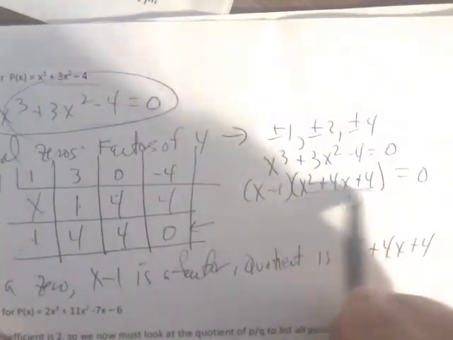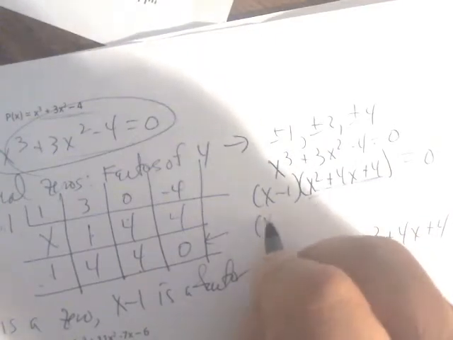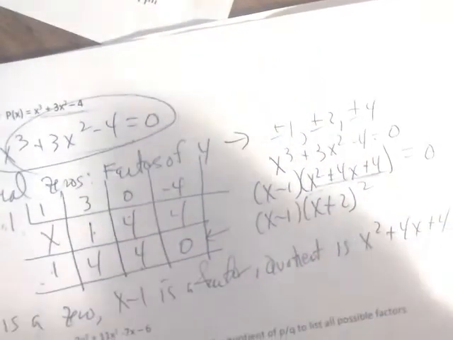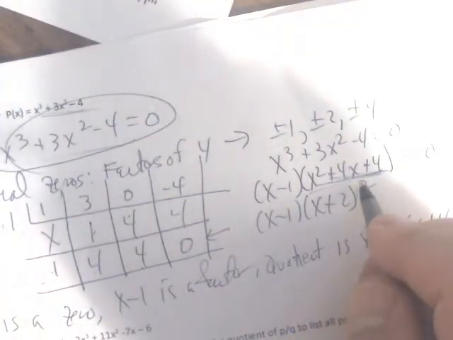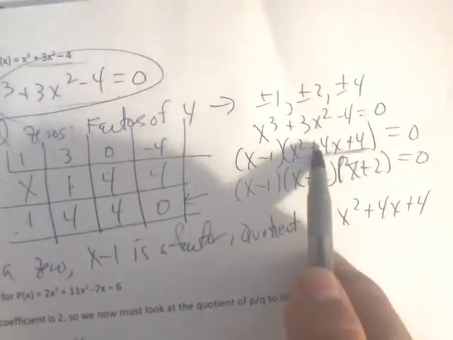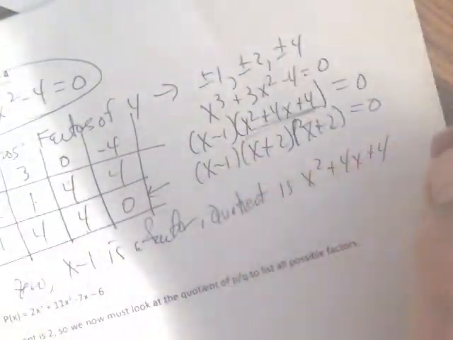Now I can go back and factor this as I've always done. I mean, you can keep doing synthetic division, but there's no need. And this is x plus 2, sorry, I skipped a step here, times x plus 2. Factors of 4 that add up to be 4. And since we multiply it by itself, we square it.